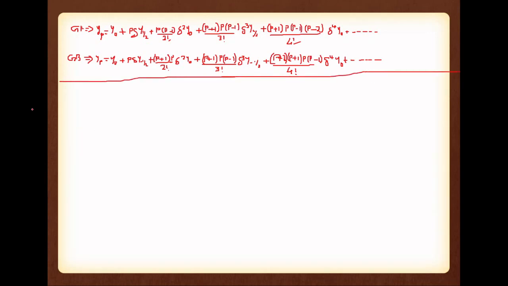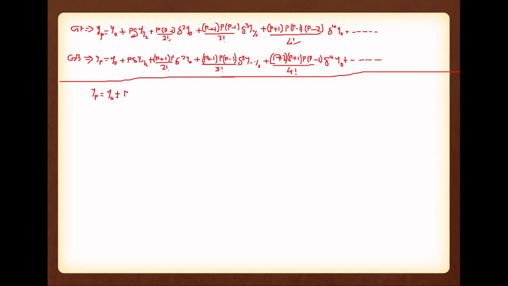So we are going to write Stirling's formula. The average of the left hand side is yp. That is equal to the average of y0, which is y0, plus, now what is the average of these two terms?